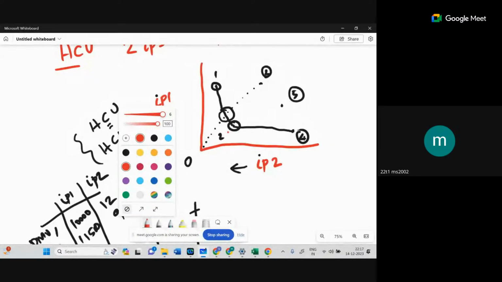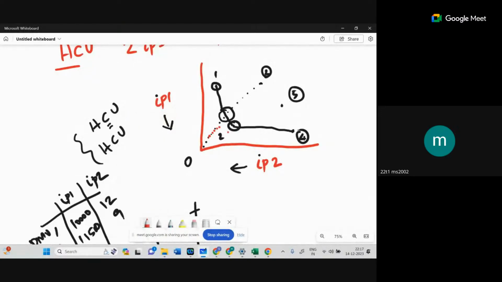Your point lies here. One way is to join horizontally. The other way is to join vertically to the efficiency frontier. If you do this, you're only reducing one particular resource, but we have 2 resources, input 1 and input 2.